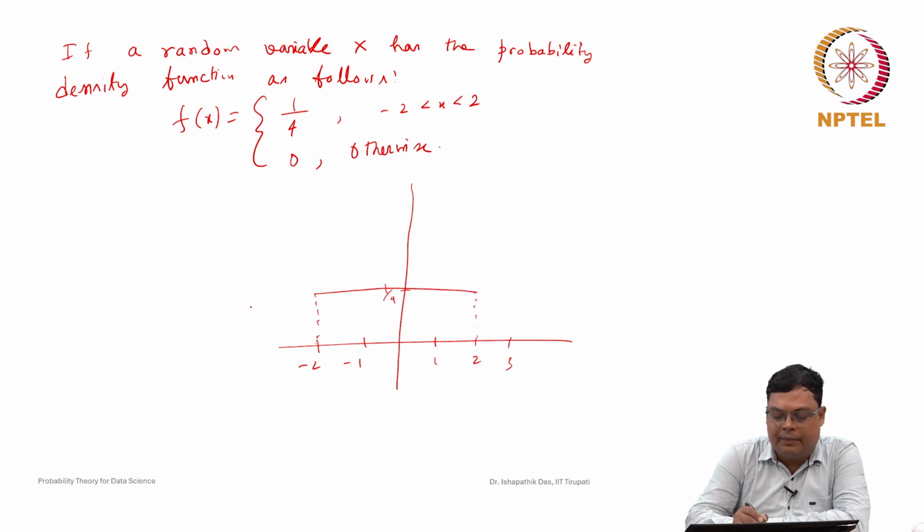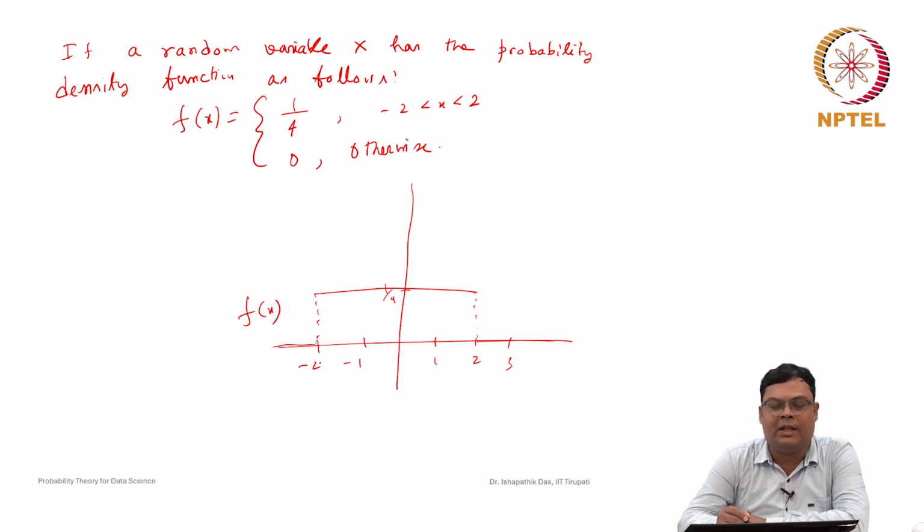This is the graph of the function f(x), and it is 0 outside this region. For a discrete uniform random variable, it will take the same probability at each point. Here, for the continuous case, it takes the same probability density value for all values inside the interval. So, it is a continuous uniform random variable.